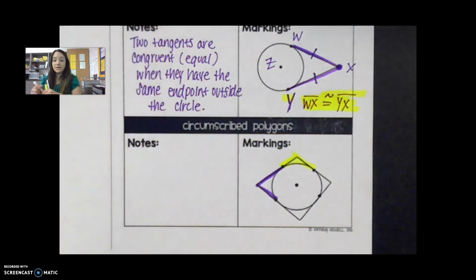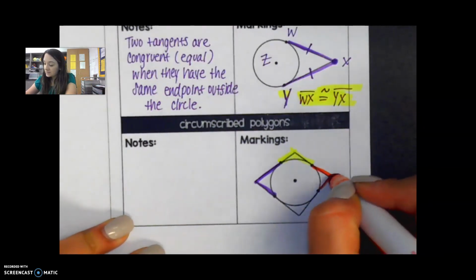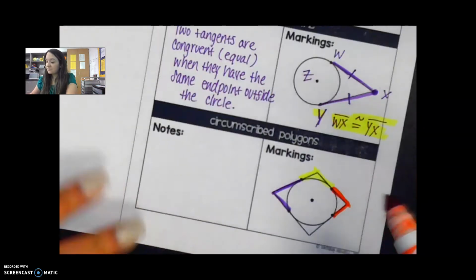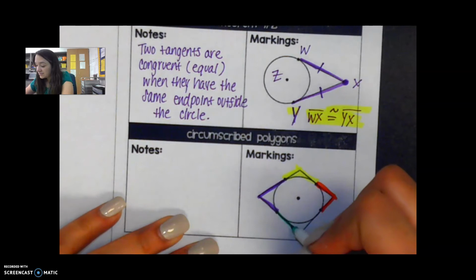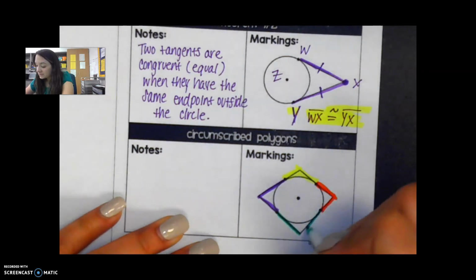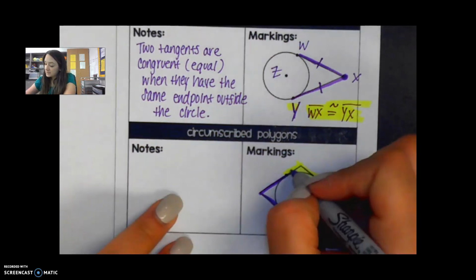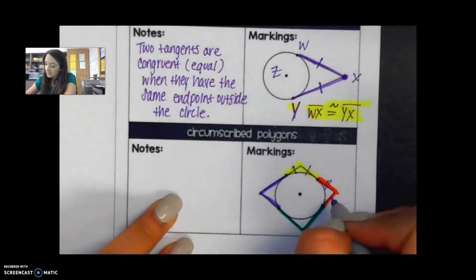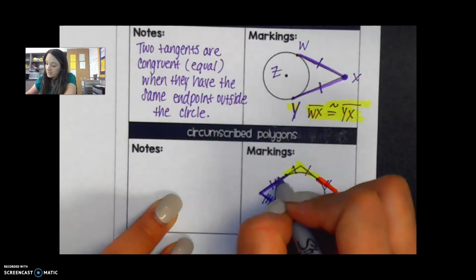The next two over here share the same endpoint, so they are congruent to each other. And then you'll notice on the bottom, I've got two tangent lines. Those are congruent to each other because they share the same endpoint. So these are congruent, these are congruent, these are congruent, and so are these.